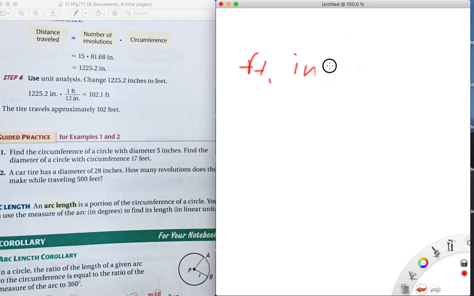We can also talk about arc length in degrees, and what we did in the last chapter is talk about arc length in degrees. Since it says it's a portion, portion can mean a fraction, or we can get a fraction out of it by setting it over the circumference.